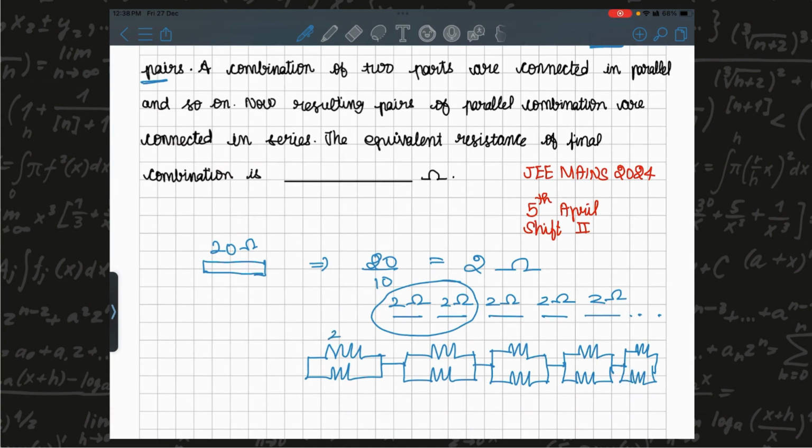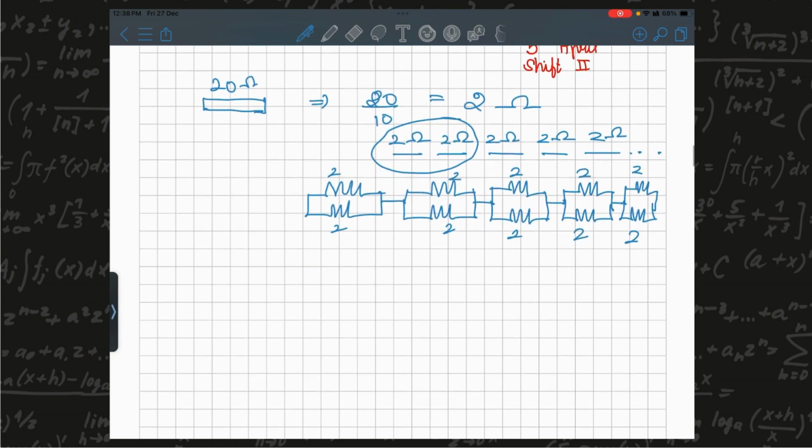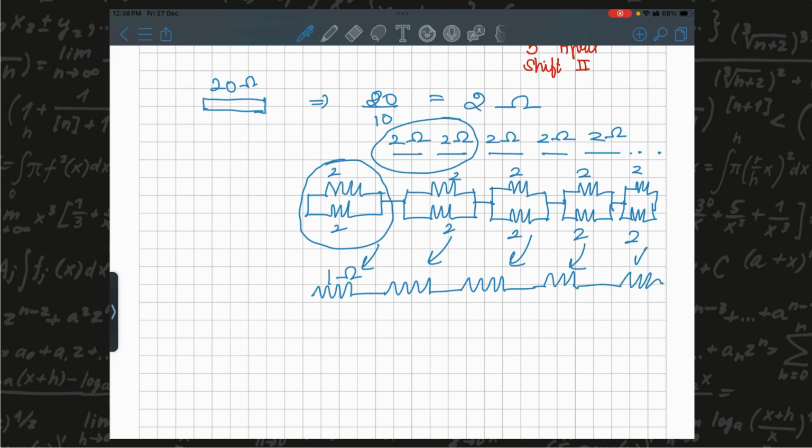Okay, so this will be 2 ohms. Solving this one, we'll get 1 ohm. This one will also be 1 ohm since they are in parallel. 1 ohm, 1 ohm and 1 ohm.